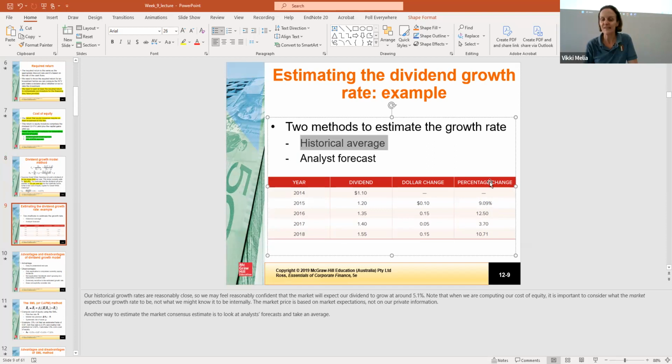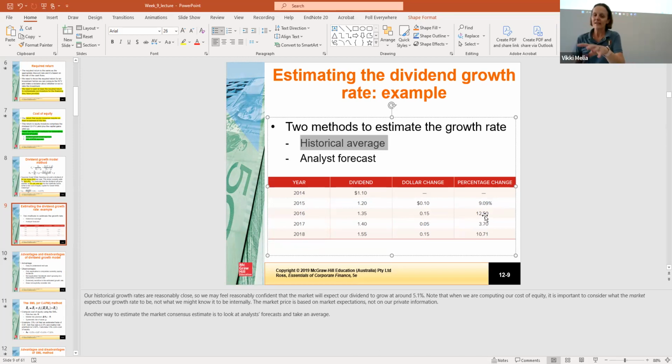So this percentage change is the growth in the dividend from year to year. So from 2014 to 2015, the dividend grew by 10 cents or 9%. From 2015 to 16, the dividend grew by 15 cents or 12.5%.